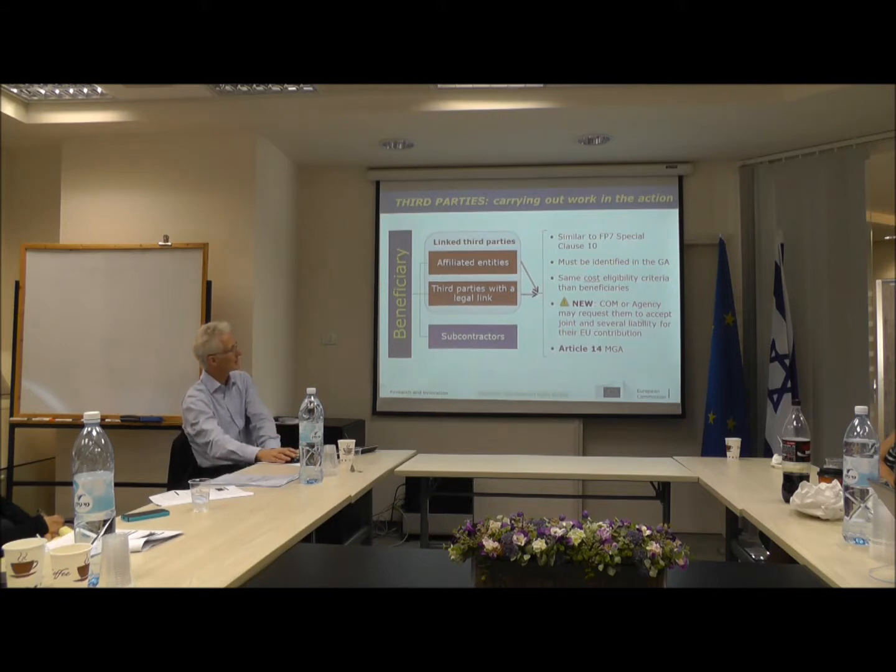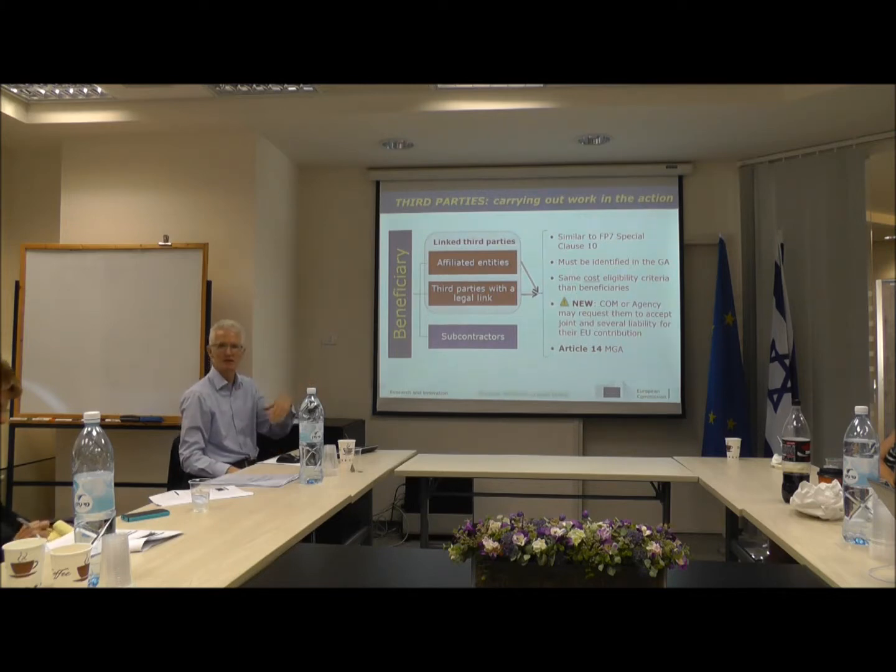We may request them to accept joint and several liability for their contribution, but this is only in exceptional cases. In the budget tables for the grant agreement, the costs related to these linked third parties have to be specified in one separate row, as for all the beneficiaries.